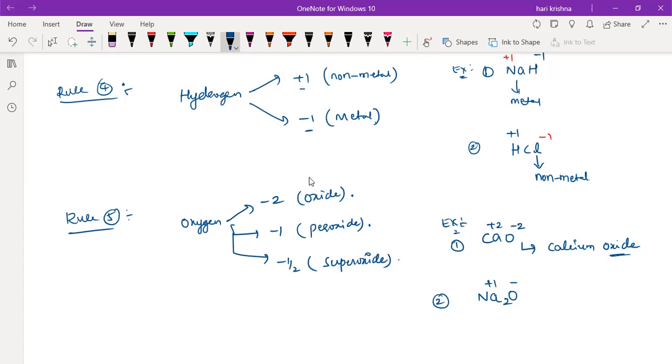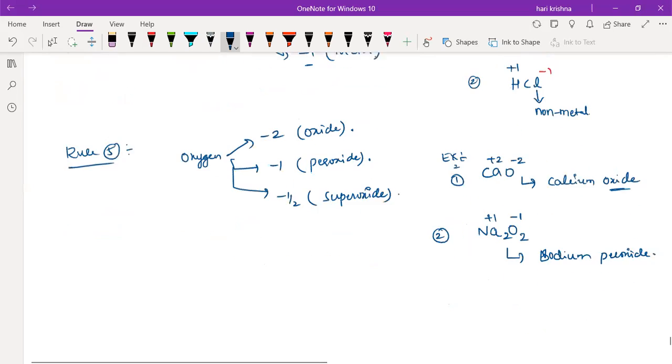Okay, you can take it like this. Now you tell me, what is the oxidation state of oxygen? -1. Then what is the name of this? Peroxide. Sodium peroxide. Clear?